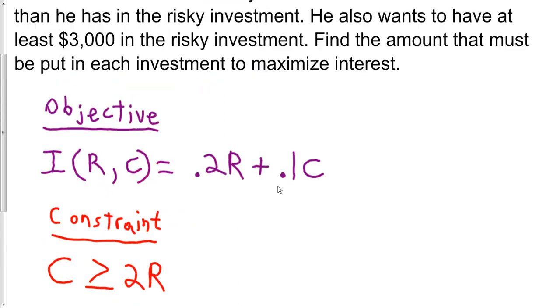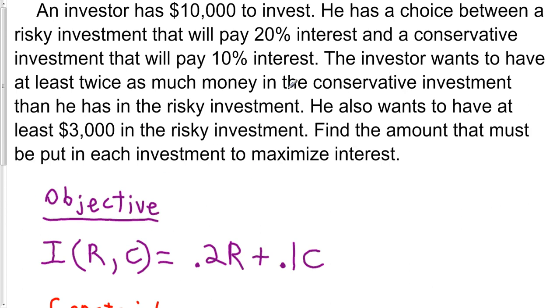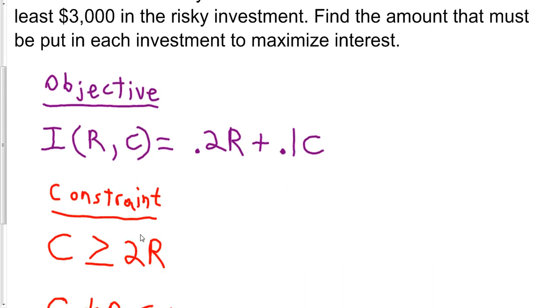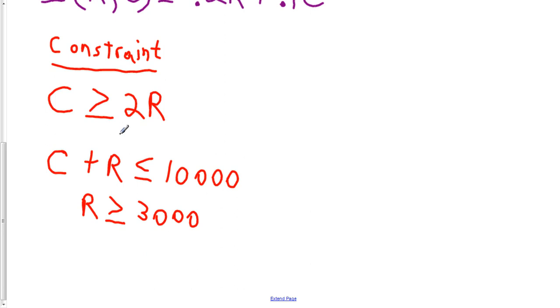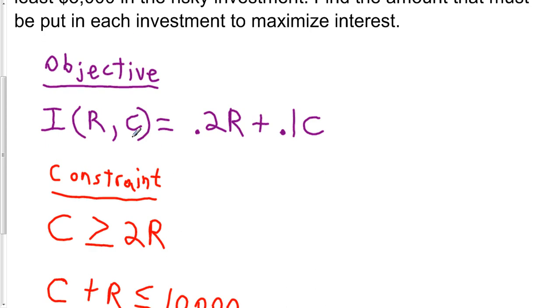All right, let's see what else we have here. So that takes care of all that. And it says find the amount that must be put into each investment to maximize interest. So we're going to try to maximize the interest. We're going to try to find which one of the vertices from the graphing of the constraints, the region of feasible solutions, gives us the maximum interest when we plug it in here.